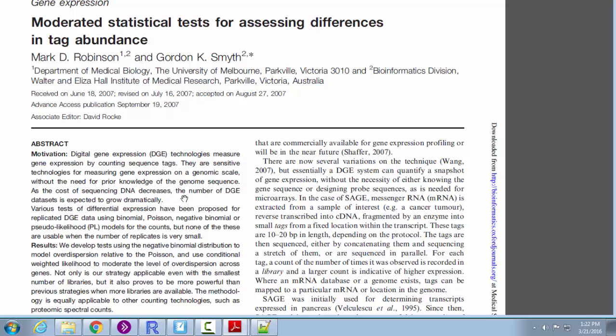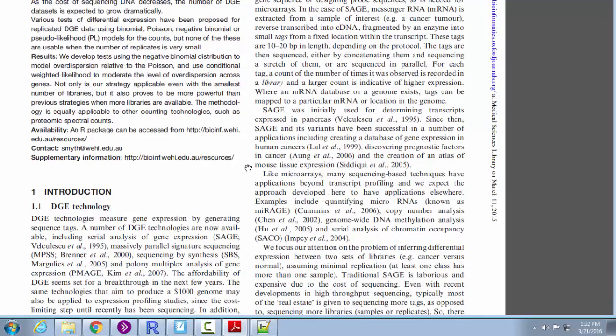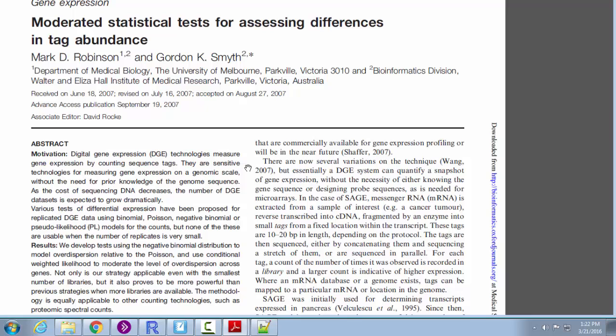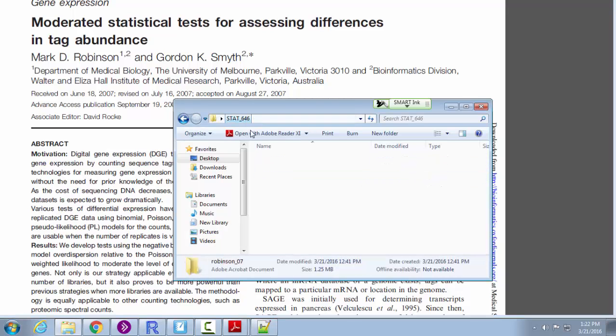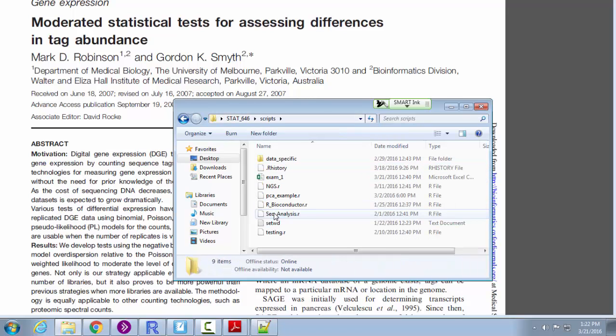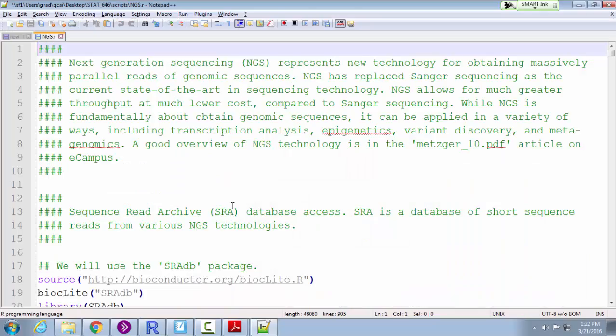So how do you do statistical inference, differential expression analysis, with count data? The way that it is done in both cases, this paper right here, Robinson et al., is the source of this stuff in the NGS.R script that is called edgeR.